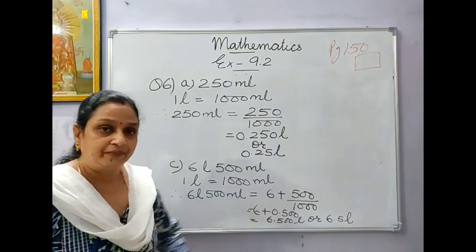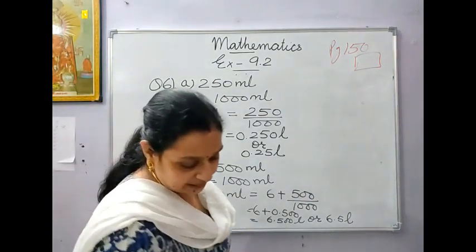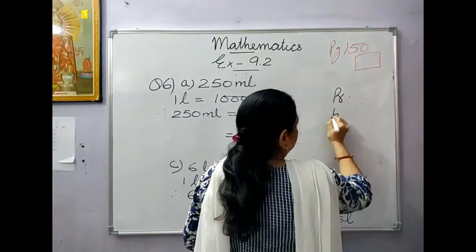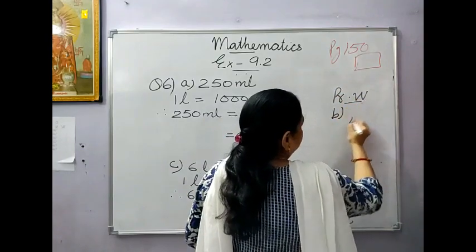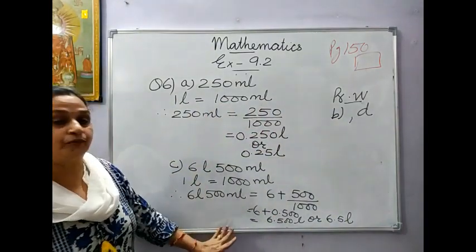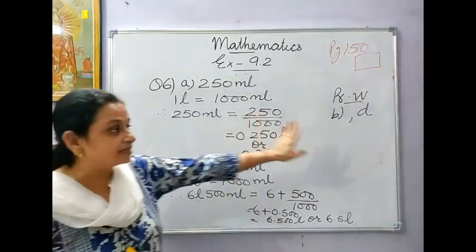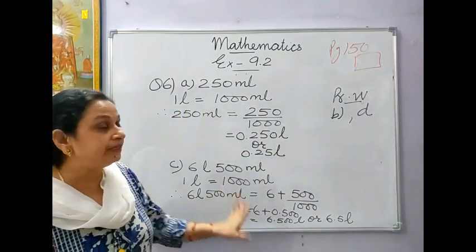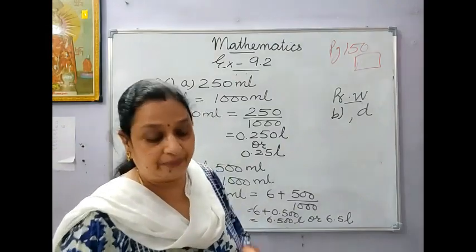Now you will do some numbers B and D in your practice copy. Practice work is B and D. This also you have to practice, but this has to be practiced because this is already there on the board. Children, please do practice the sums well.